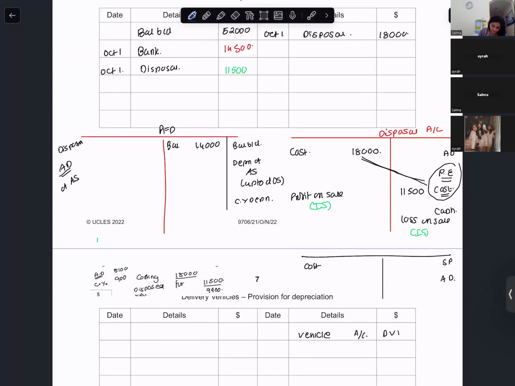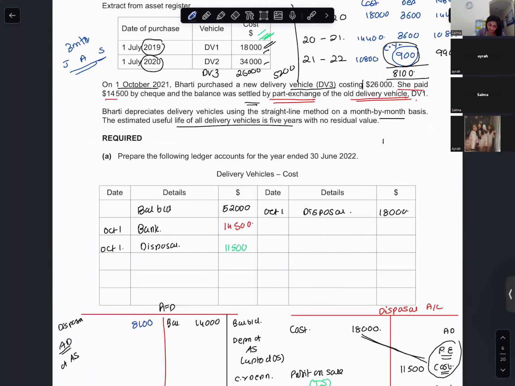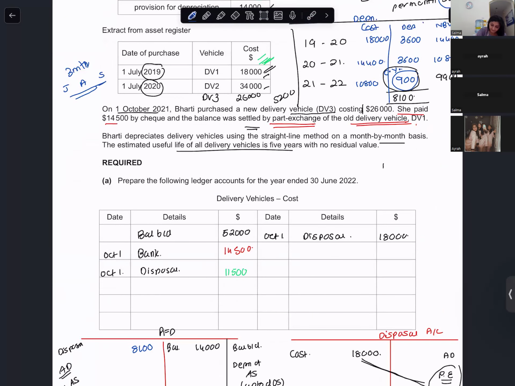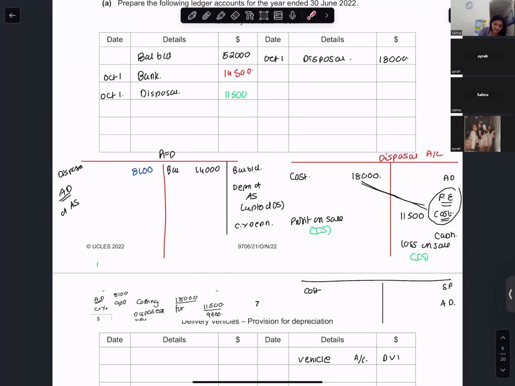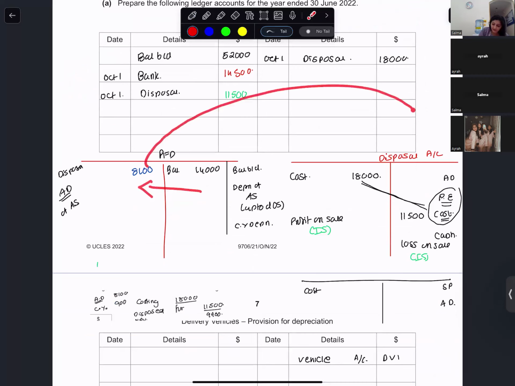How much? 8,100. In the disposal account or in the provision for? Both the places will come. 8,100 accumulated depreciation of the assets sold. I will remove from here and put over here. So here debit, here credit.